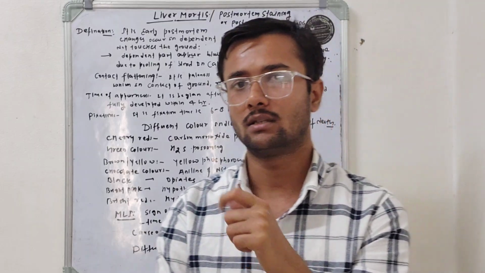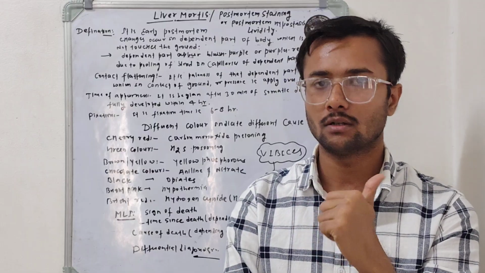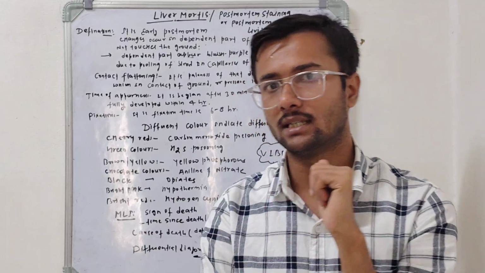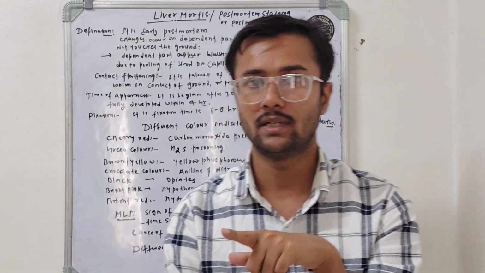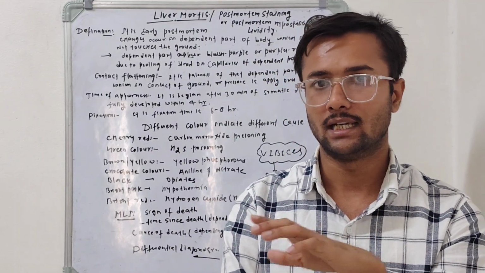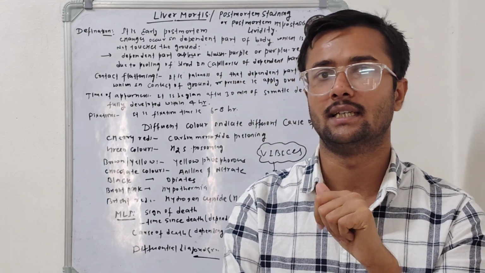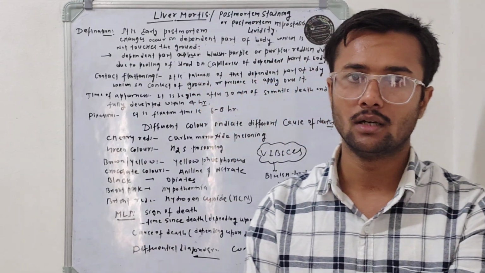But after death, due to the increase in vascular permeability, the RBCs infiltrate the surrounding tissue, and this causes permanent fixation. That means there is no color change when we press the post-mortem staining area. So this is the mechanism of fixation.